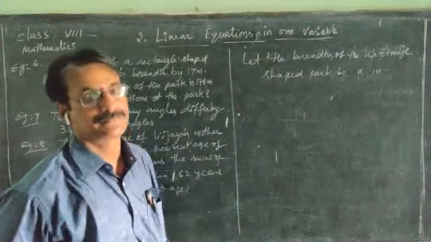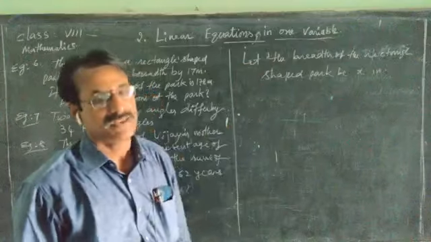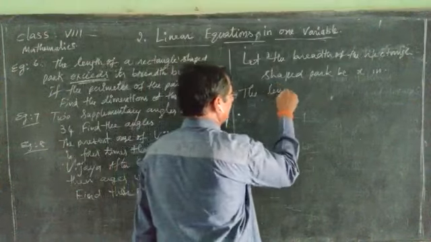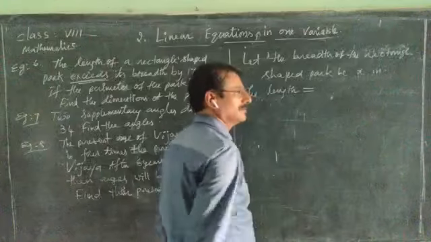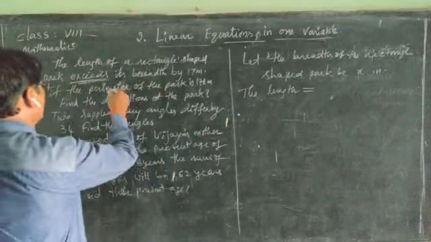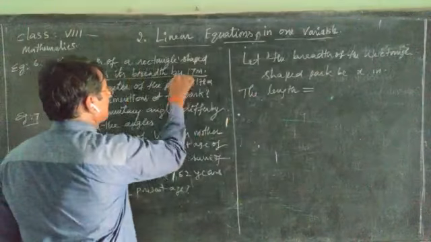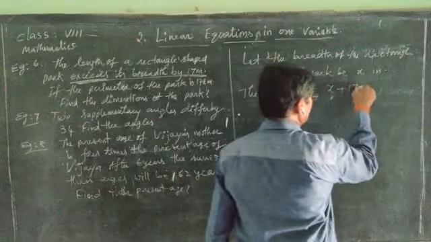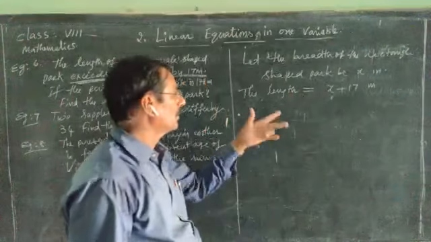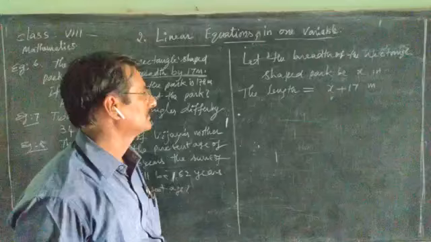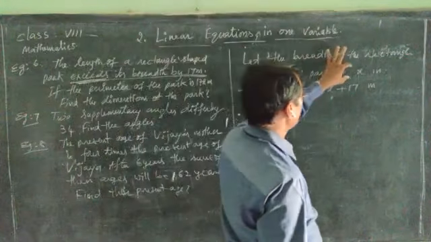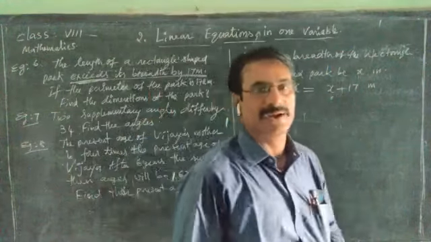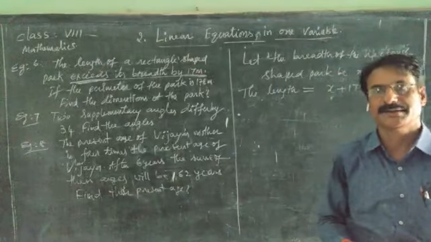Then the length is, as given, 17 meters more than its breadth: x plus 17 meters. We know both length and breadth. With the help of the breadth, we can find the length. If we know both length and breadth, we can find the perimeter.